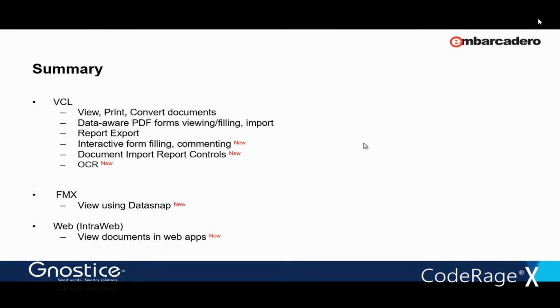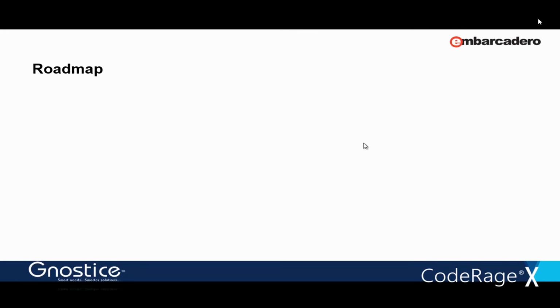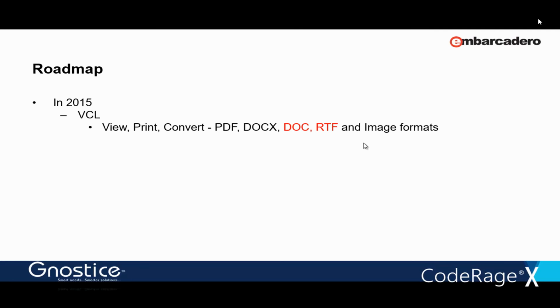So here's a list of the main features of XtremeDocumentStudio and the new features highlighted, and let's take a look at the roadmap. So here's the roadmap until the end of this year. So doc and RTF support that I showed today will be fully available in the next few weeks.